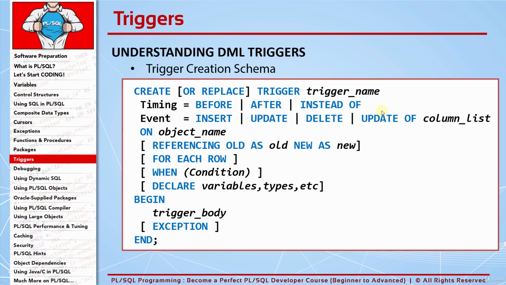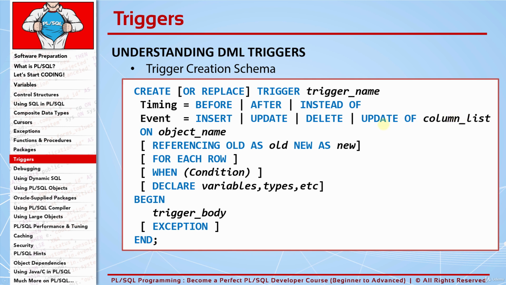So in here, sometimes you may want to say that execute this trigger when an update occurs in this column list. For example, if you think about the employees table, we can say that if any update occurs in the salary of the employees table, execute that trigger. Or we can select more than one column by separating them with comma signs. We will make examples of them.